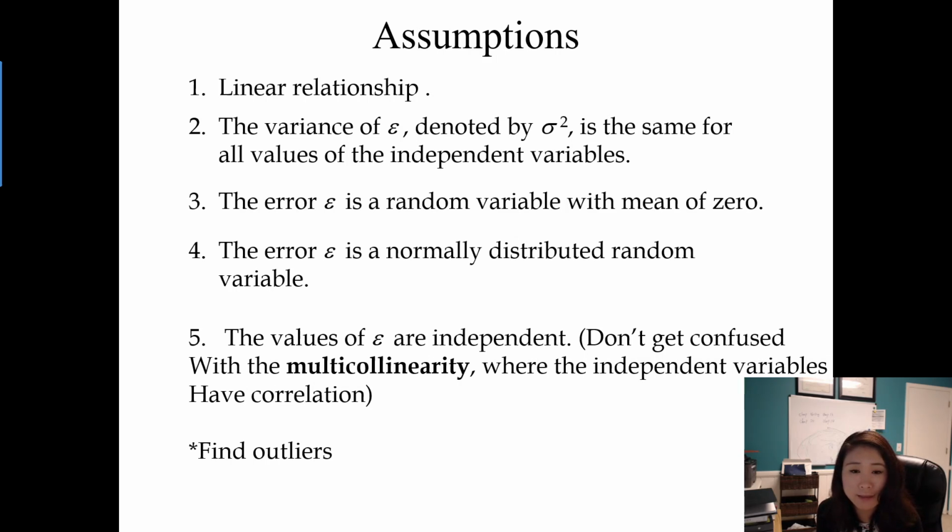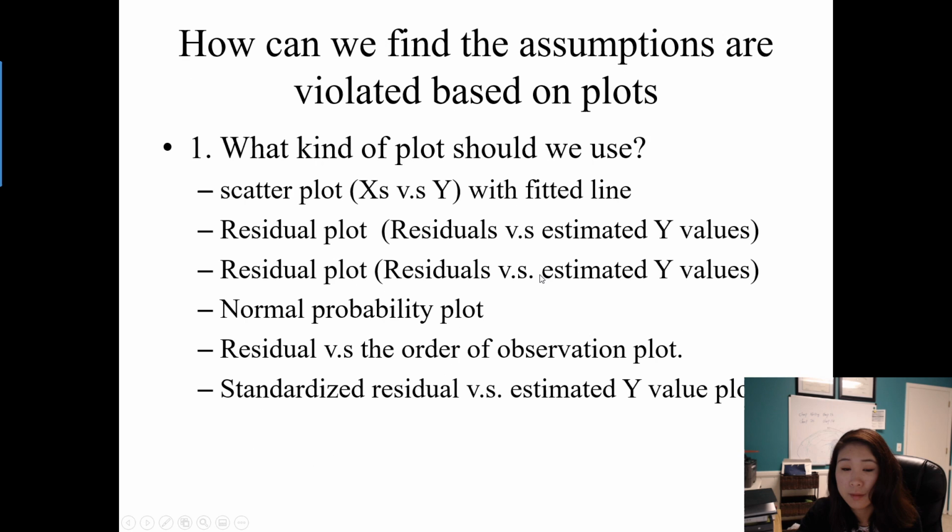Okay, next, let's look at what kind of tool you should use to test each assumption. Assumption 1 is the linear relationship. To test this assumption, you should use a scatter plot, x versus y. This is the chart we learned in chapter 2, when we learned how to use graphical methods to show the relationship between 2 variables.